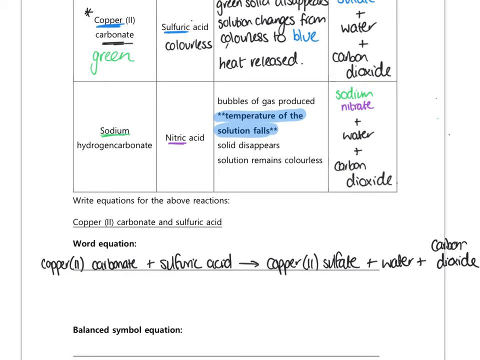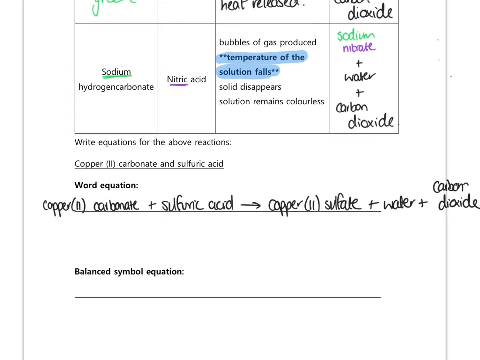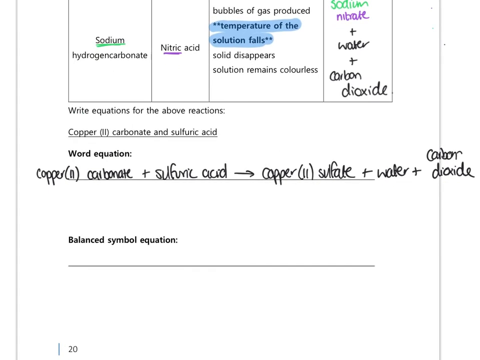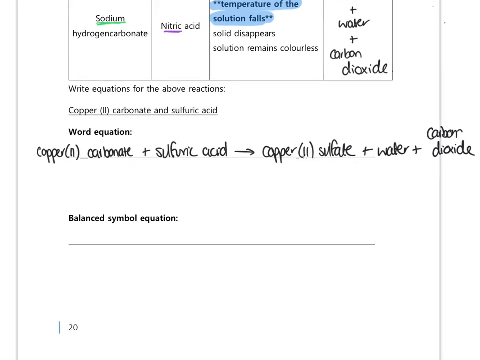Okay, now time to write my equation for this. And we actually wrote the equation for this when we were doing our equations topic. Let's have a look at how we would do that. Well, copper carbonate, first of all, we need to use swap and drop for it. So copper is Cu with a valency of 2. I can tell that from the number inside the brackets.